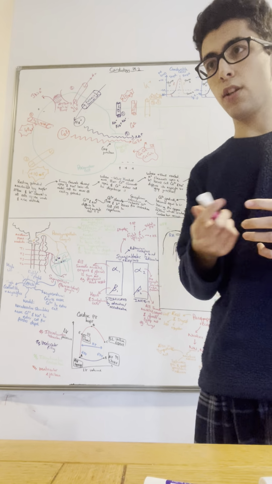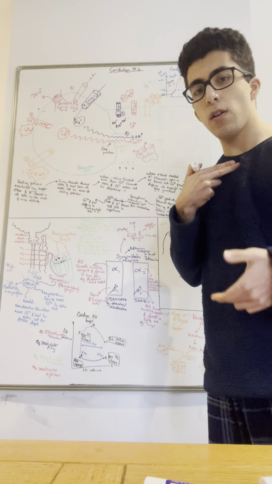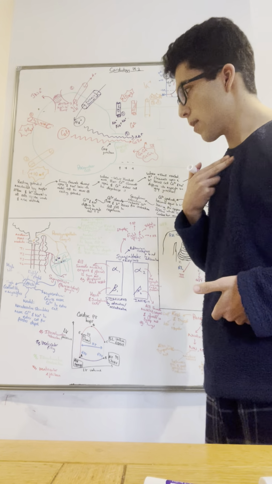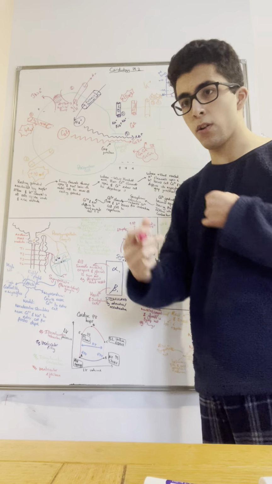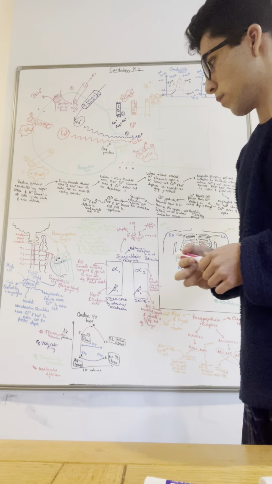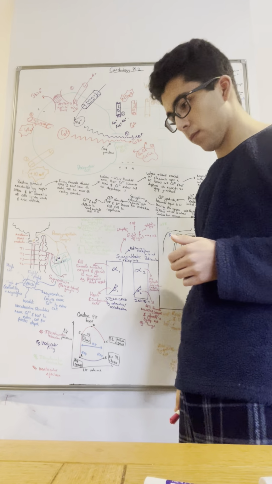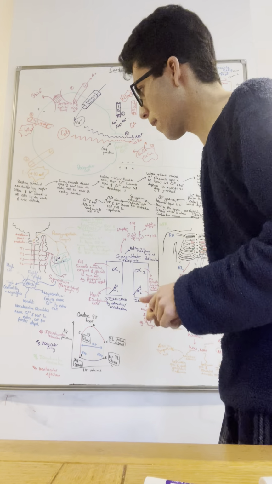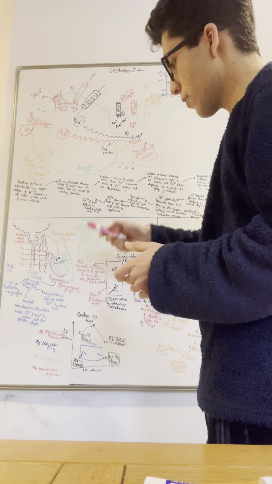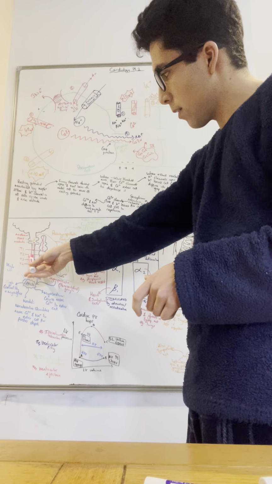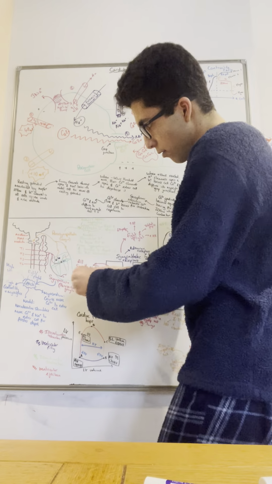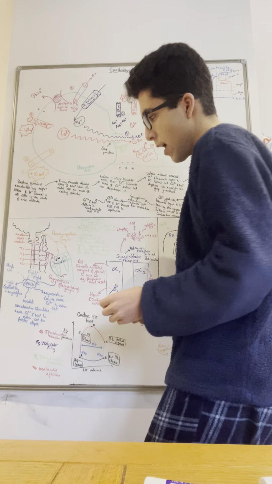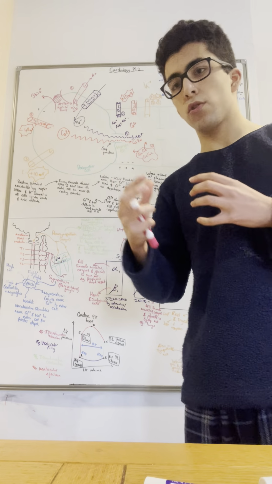Our sympathetic nervous system is in our thoracolumbar region. So all the neurons come out from our thoracolumbar region, our thoracic and our lumbar regions. In the case of the heart, we've got our presynaptic ganglion neuron. It comes out of the spinal cord and it synapses quite close to the spine.